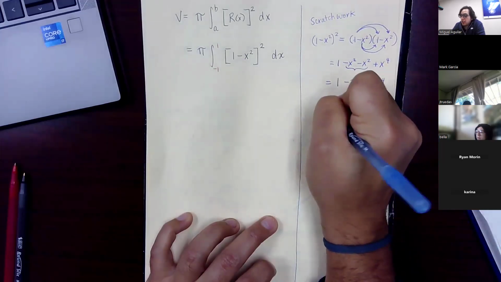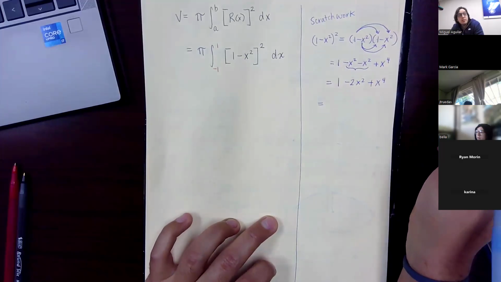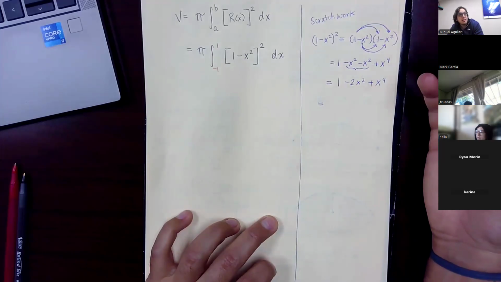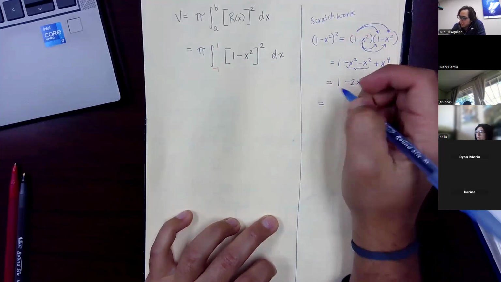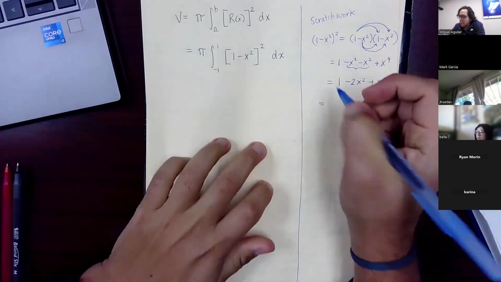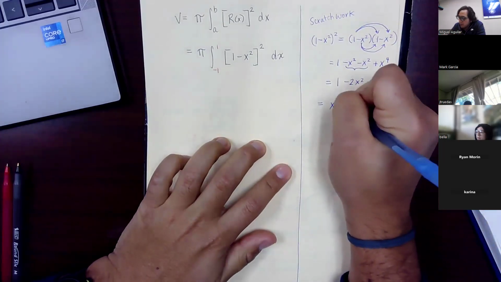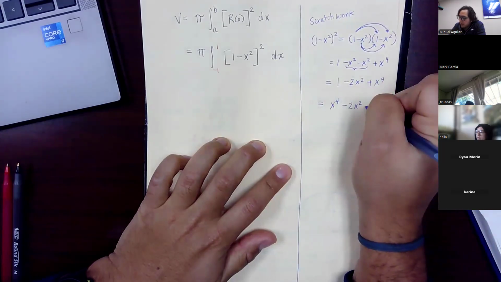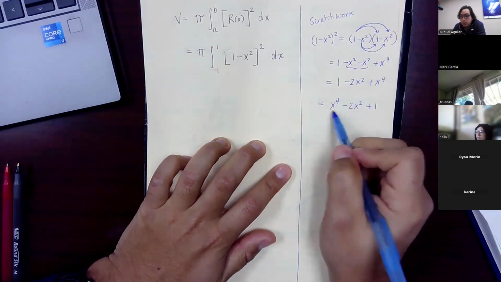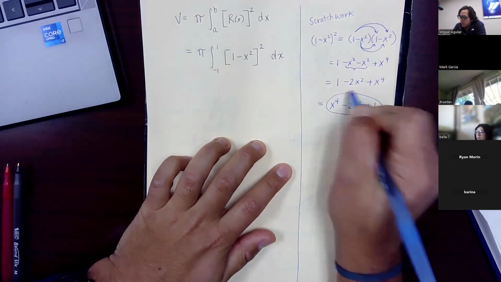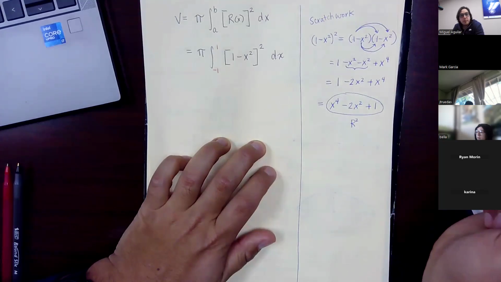And then just for my OCD reasons, I'm going to go ahead and put that in the correct order, right? Not correct with a capital C, but correct with lowercase c, because it doesn't really matter that we put this in order. What really matters is that we FOILed that out correctly and now have the polynomial that we're going to integrate, because that's your r squared.